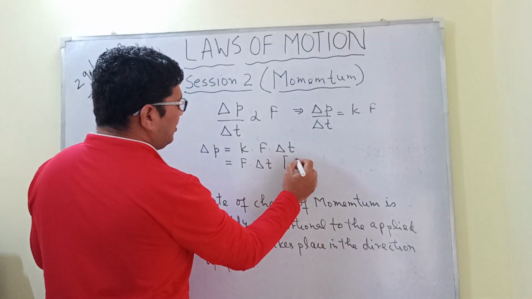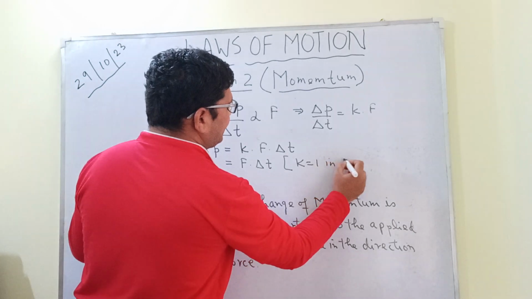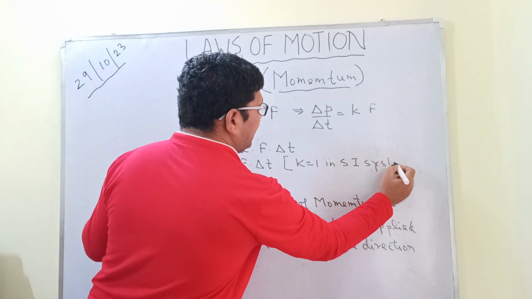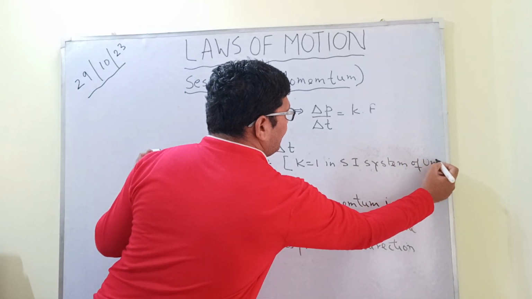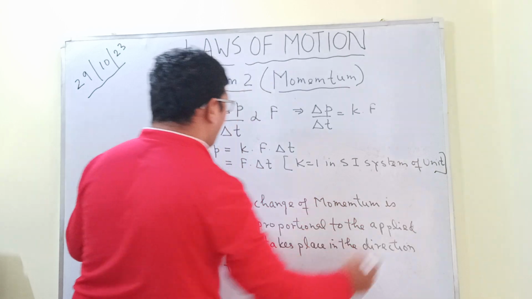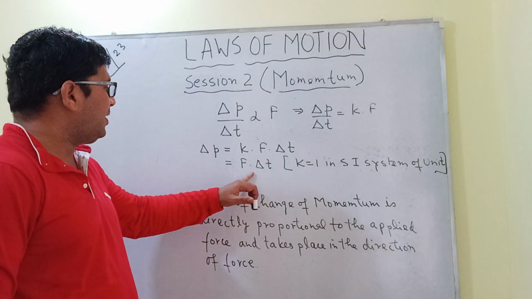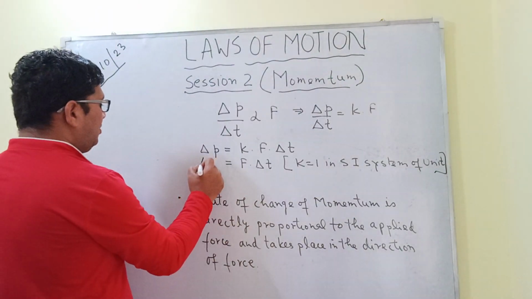Since K is equal to 1 in the SI system of units, the change in momentum will be equal to F into delta t.